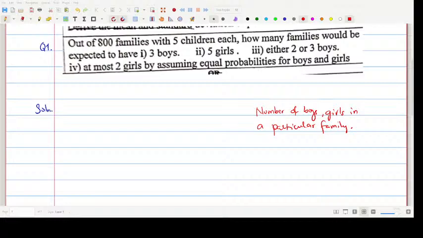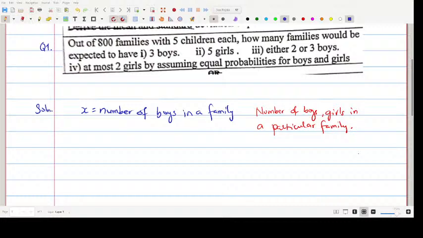Okay, so what we do is we will say that X is the number of boys in a family, no offense to any other genders.